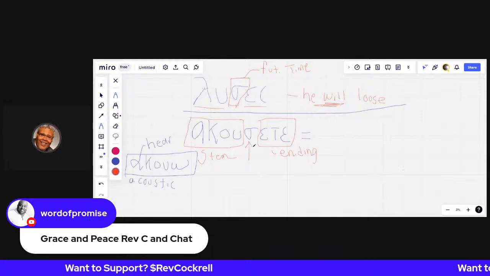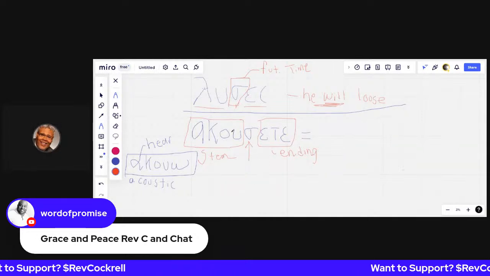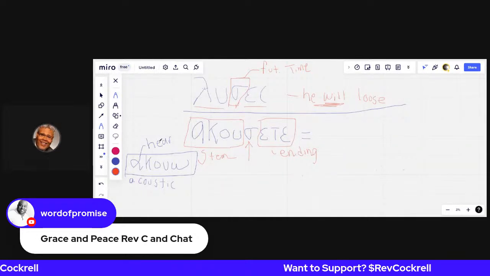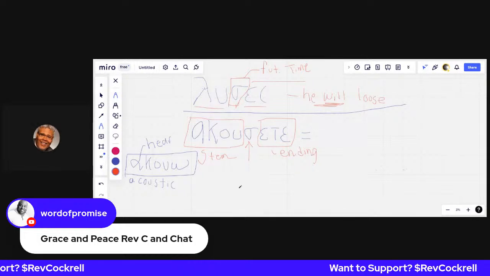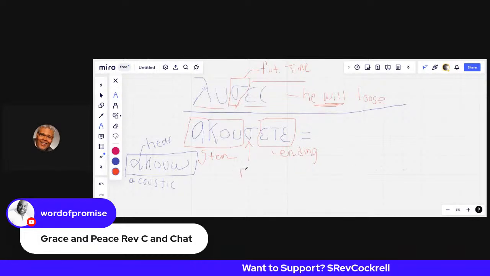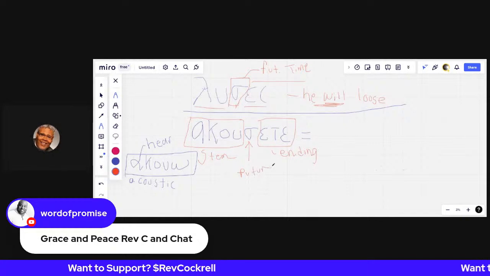There's something here. When something is added to your stem, it shifts from the present and goes to the future. So this is blank will blank. So remember, your sigma is your future time clue.